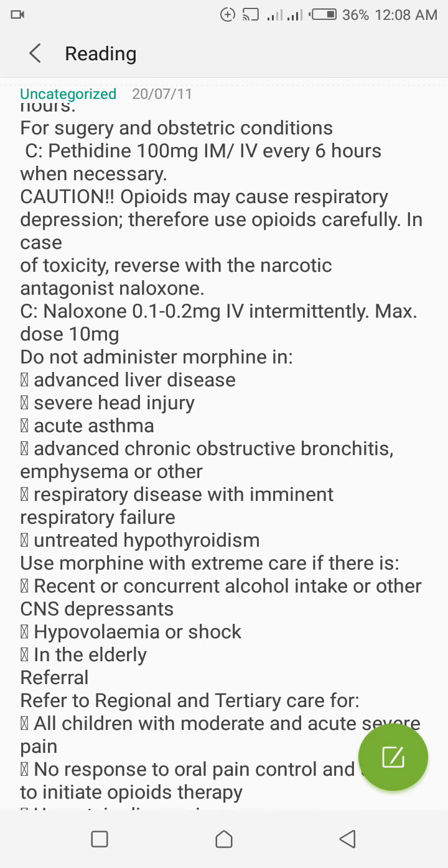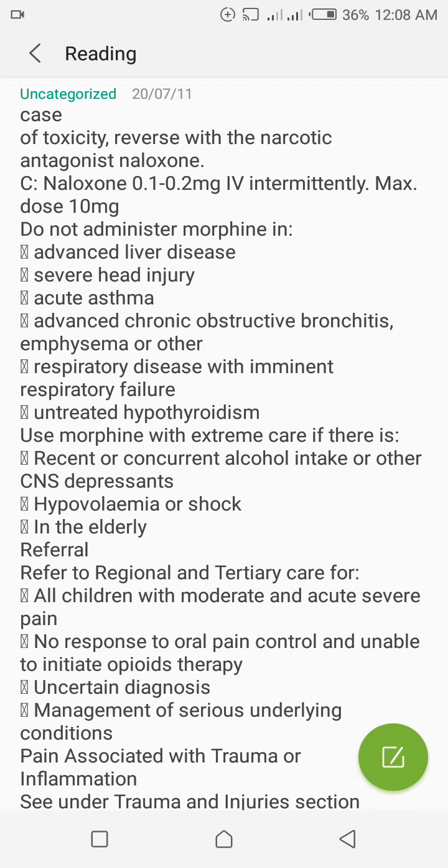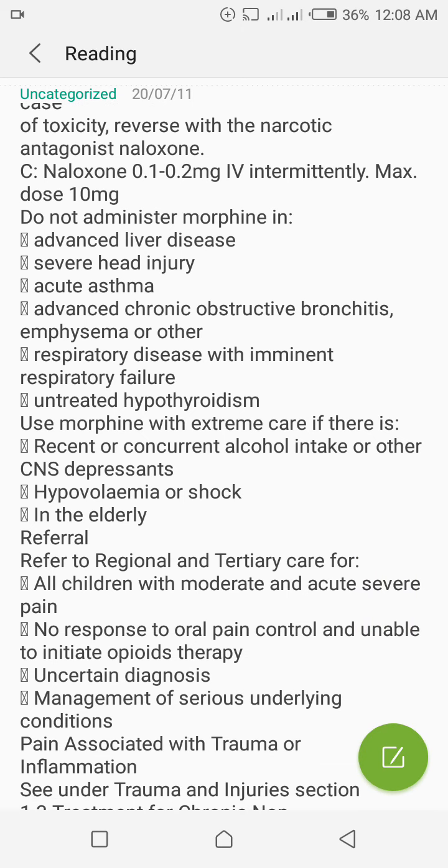Morphine is never administered in advanced liver disease. If a patient has advanced liver disease or severe head injury, you don't need to give morphine. Acute asthma, you don't give morphine. Advanced chronic obstructive bronchitis, you don't give morphine.